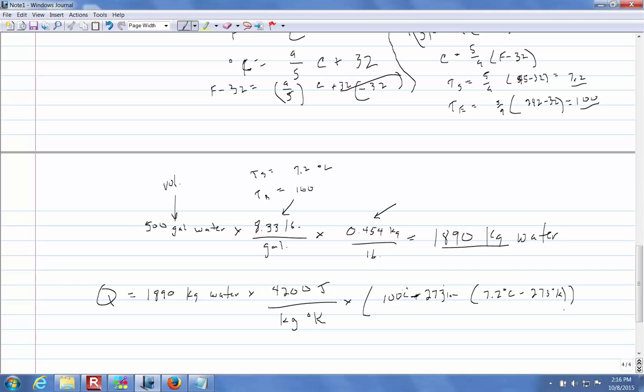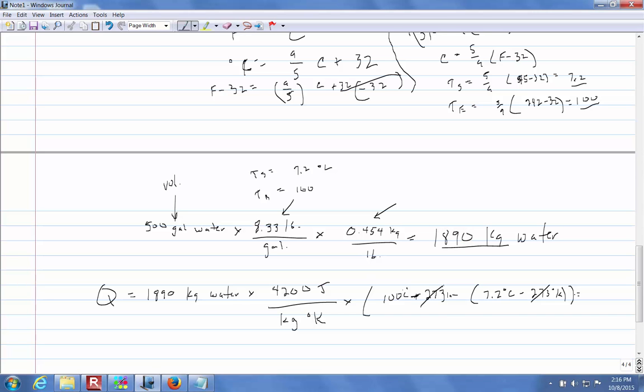And this is what I was talking about before. The 273 cancels out, right? So you got a minus 273 minus a minus 273, they cancel out. So when you're dealing with differences, degrees Kelvin is the same as degrees centigrade. Now if you're looking at the heat of the volume of that water once it gets there, with the heat capacity you can't do that. But okay, so that cancels out.